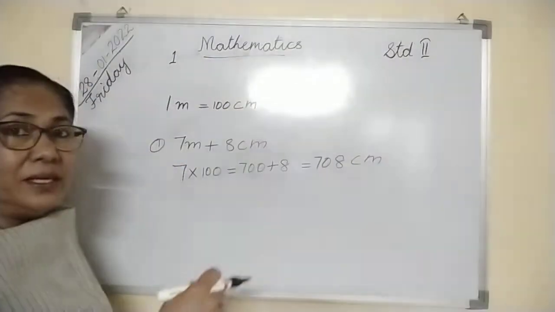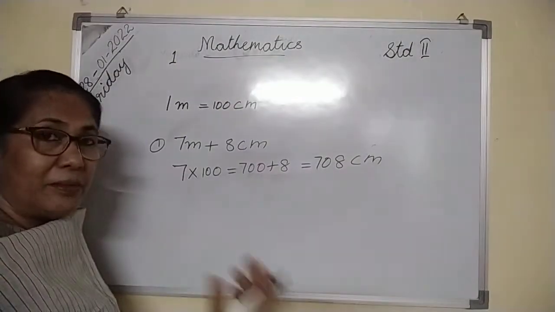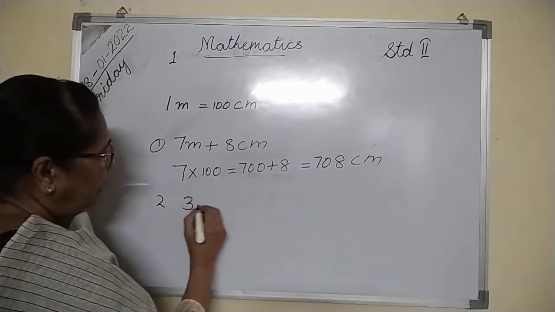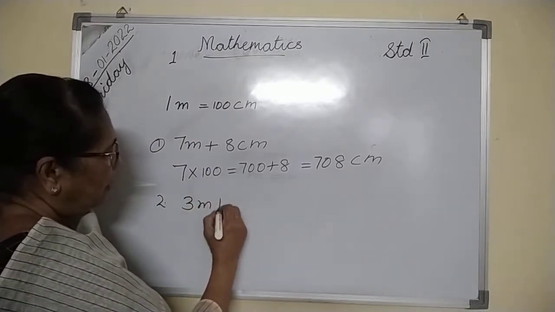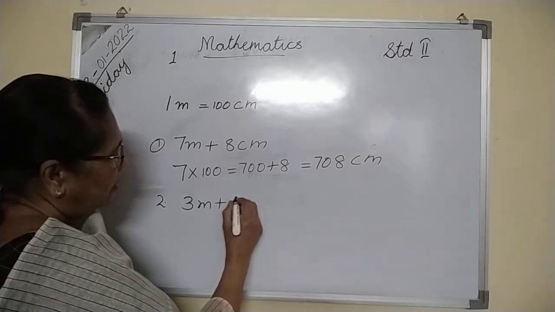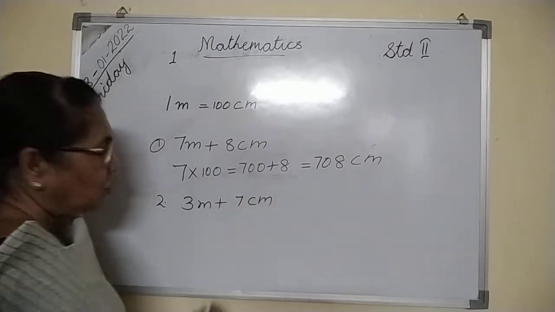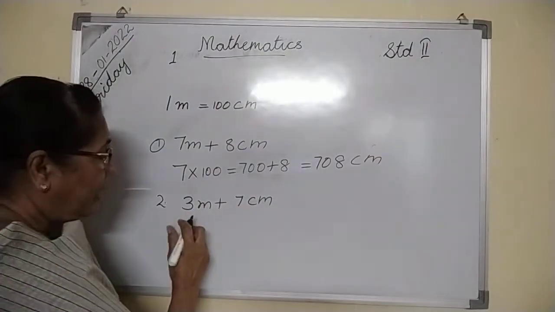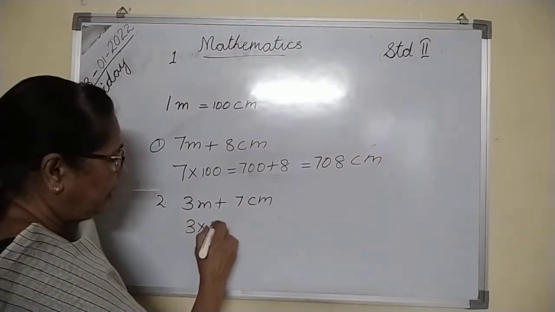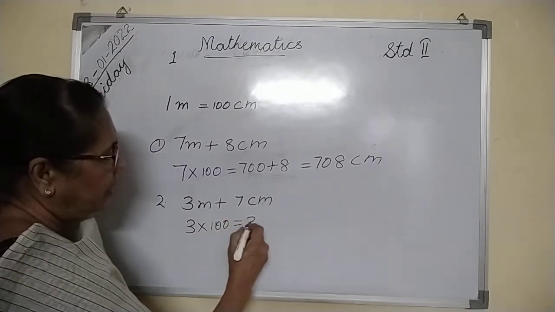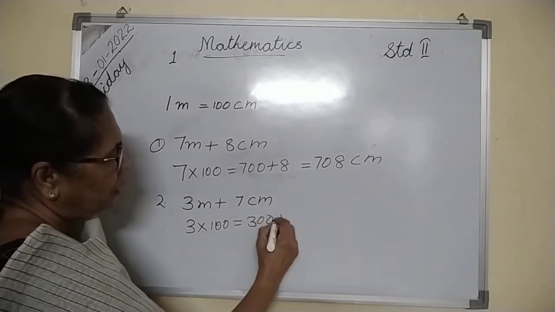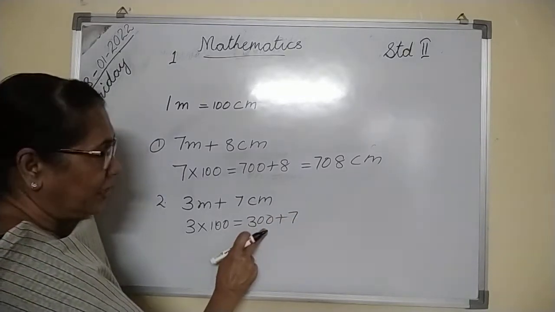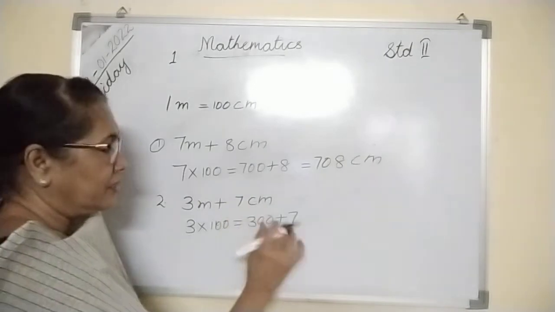Now we are going to convert into centimeters again. Second one, 3 meters plus 7 centimeters. So first we multiply 3 into 100, isn't it? 3 into 100 is how much? 300 plus 7 centimeters, because this is already in centimeters.